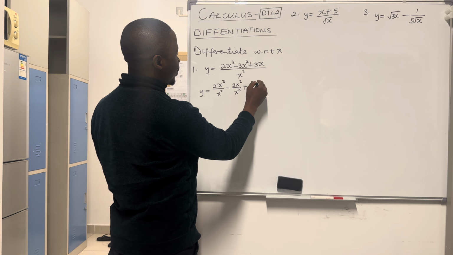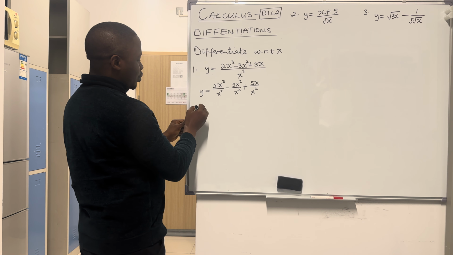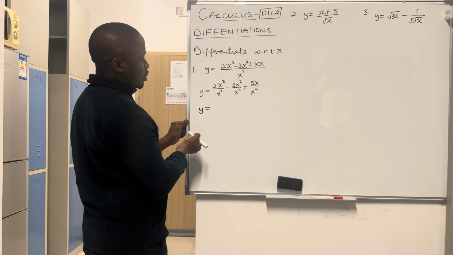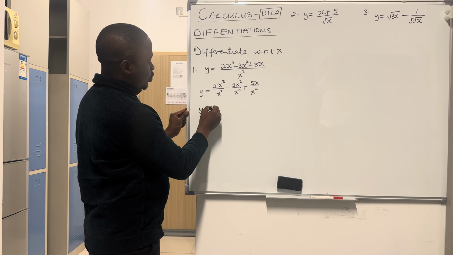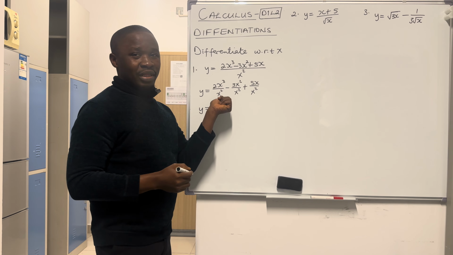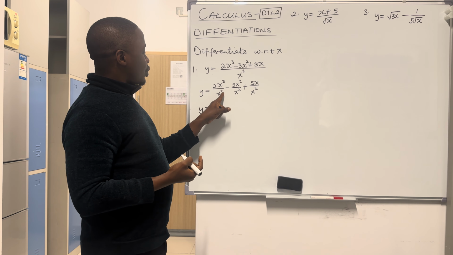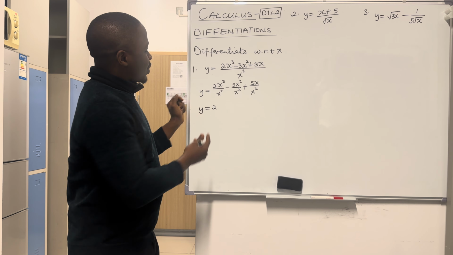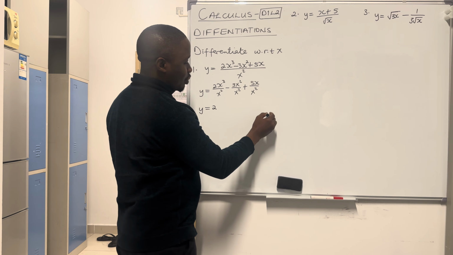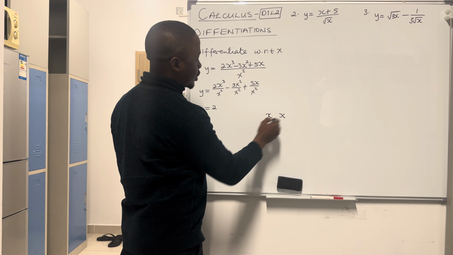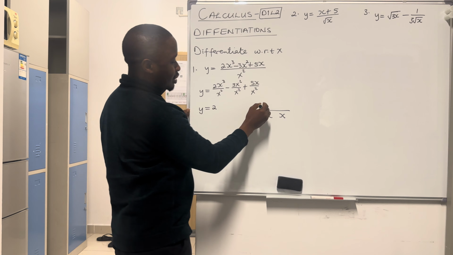We've not done any differentiating yet. So y is equal to 2 divided by 1 is 2, x with a power of 3 over x with a power of 2. x squared simply means we have two sets of x, and x cubed is like we have three sets of x.